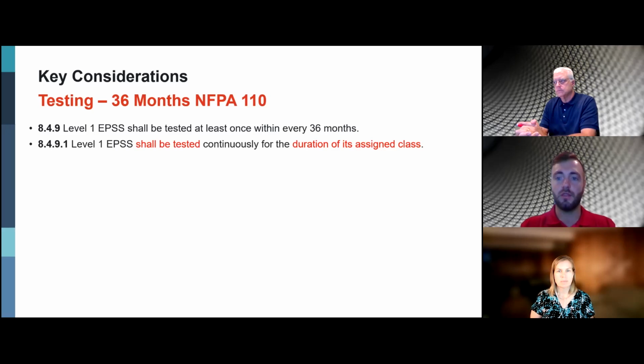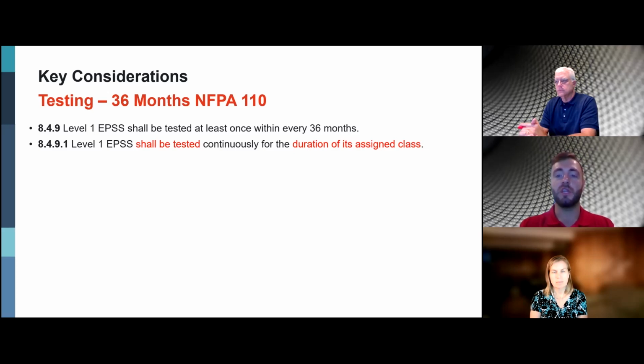For starters, the emergency power supply system needs to be tested for a specific duration as defined by the class. Now you may be asking yourself, what is a class? A class, as defined by NFPA, is the minimum time in hours for which the emergency power supply system is designed to operate at its rated load without being refueled or recharged.